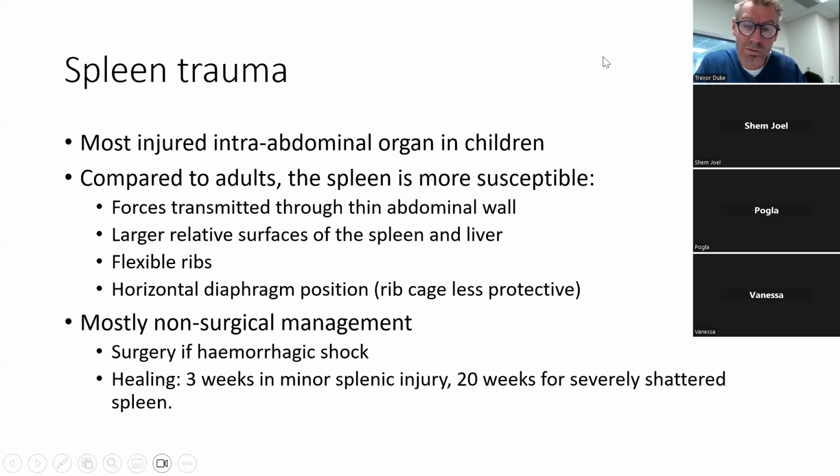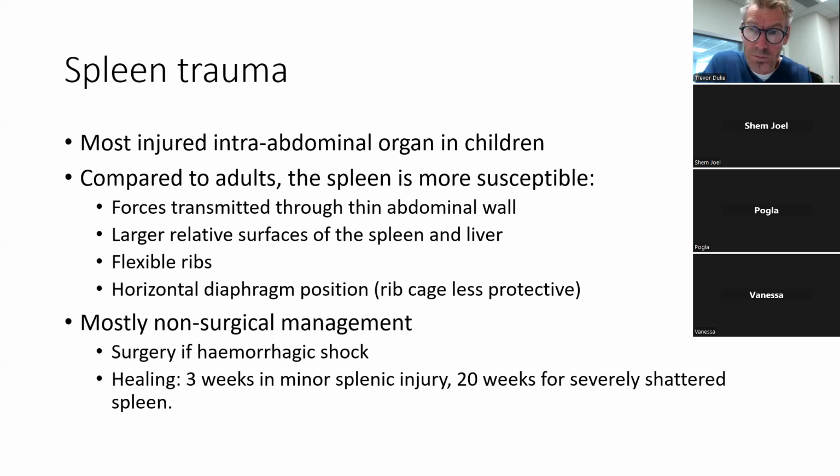I wanted to briefly touch on splenic trauma because many children who have abdominal trauma have some degree of splenic trauma. It's actually the most commonly injured intra-abdominal organ in children. In any child who has an abdominal trauma, they're likely to have some degree of injury to their spleen.